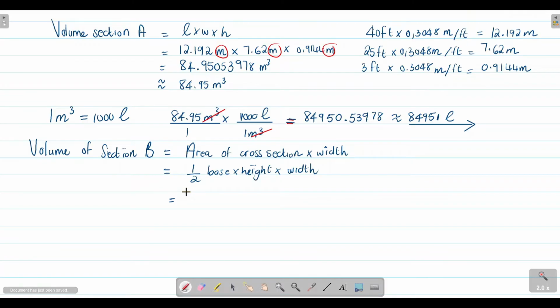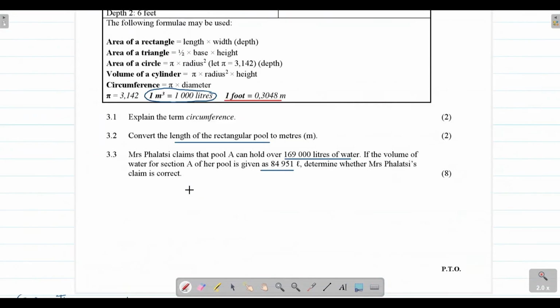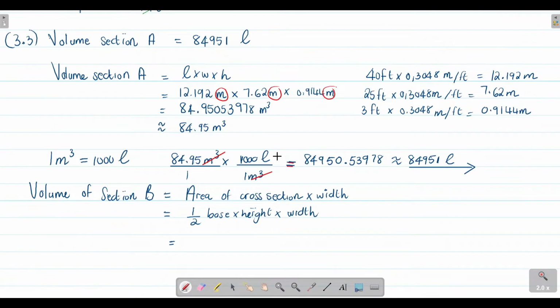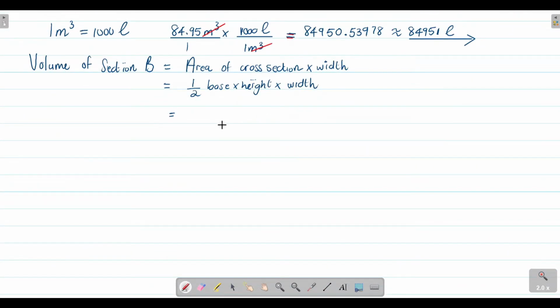But before we can substitute, we need to get what is the base. What is the base equal to? The base is that 40 feet. Before we substitute all our values into our formula, we need to ensure that all our units have been converted from feet to meters, because we want the volume in meters cubed.